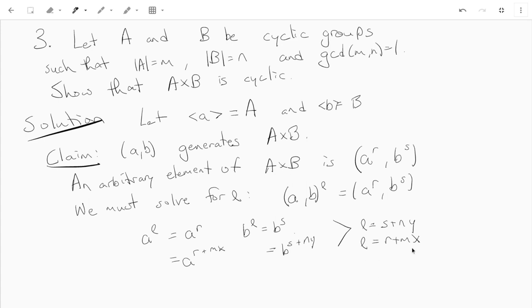We have to solve this. These are the same L, so let's solve S plus NY equals R plus MX. S and R, N and M are given, and we have control over Y and X.